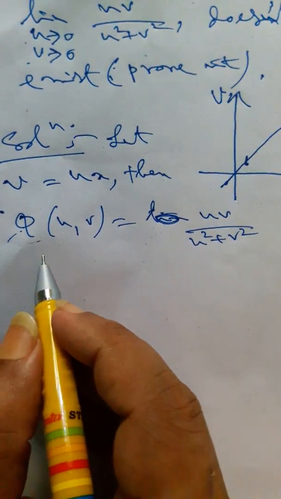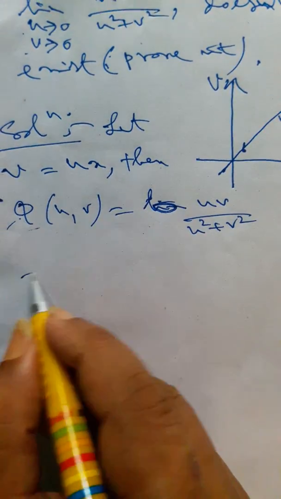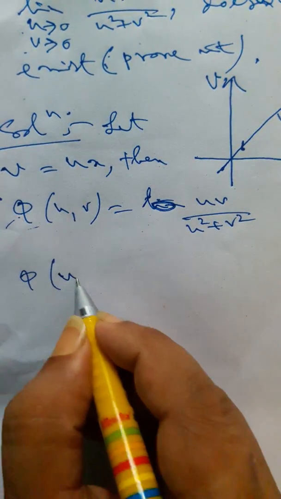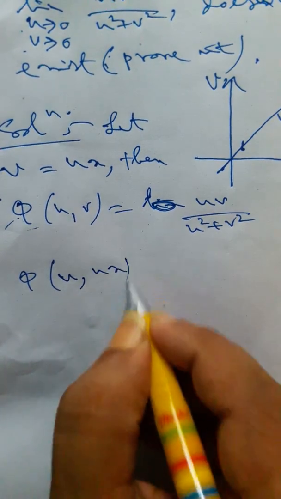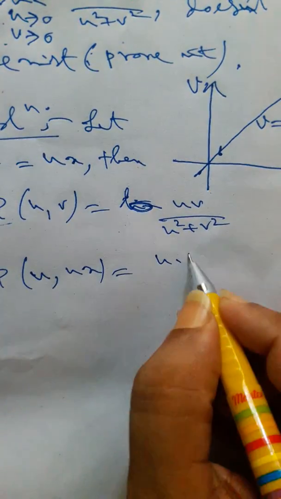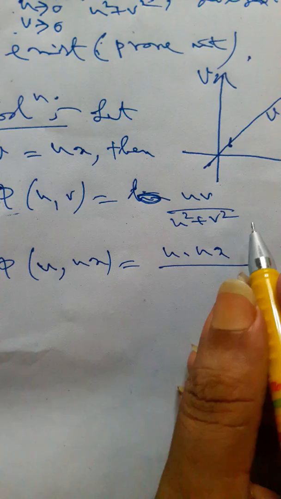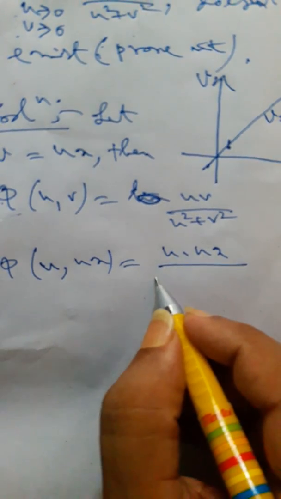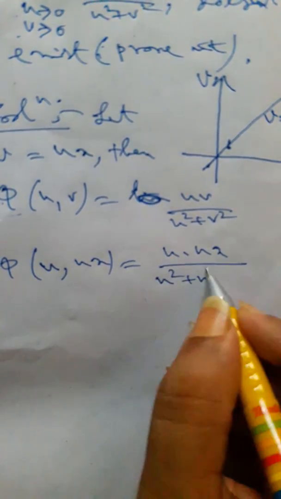Then phi of (u, mu) is equal to u times mu u by u square plus m square u square.